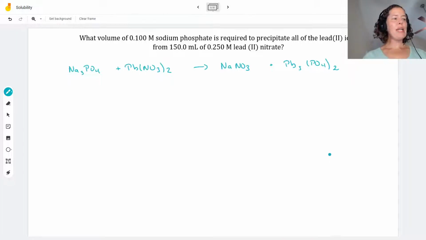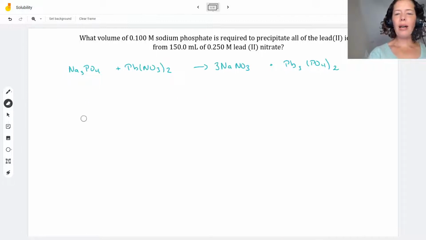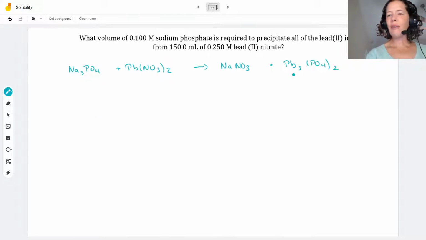Okay. So now let's balance this equation. I need a 3 here. That gives me 3 nitrates. And I need a 3. Oh, I started in the wrong place. Okay, let's back up. I think it's going to be better to maybe start with my phosphate because I'm going to have multipliers. Okay, so I have 2 phosphates.